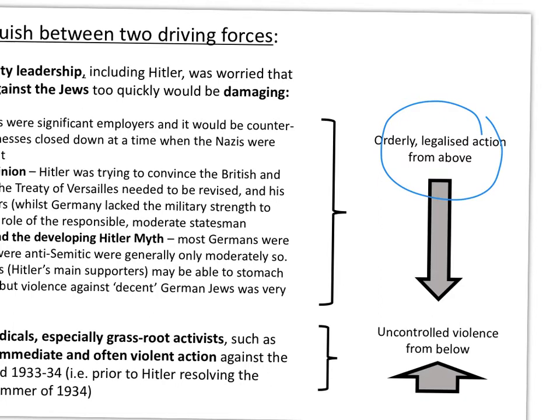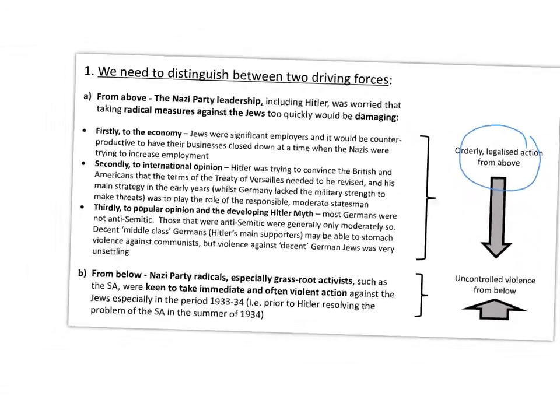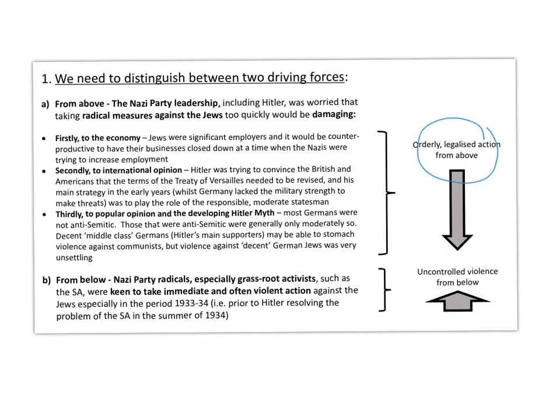He needs to build up trade contacts, he needs investment from abroad, and he needs to present himself as a moderate, not as a radical who is looking for war, as just simply a strong leader who wants to revise the Treaty of Versailles without going to war. So just keep that information in your head as part of the context. Those are the two driving forces, and we can see that very much in terms of Jewish policy.